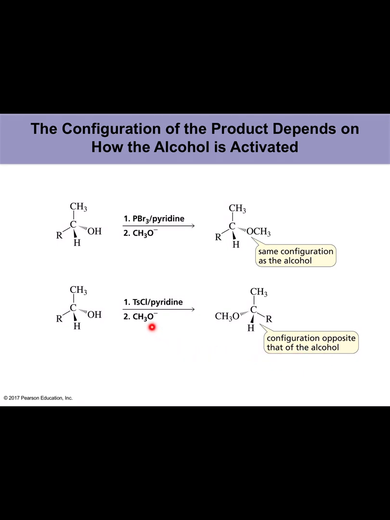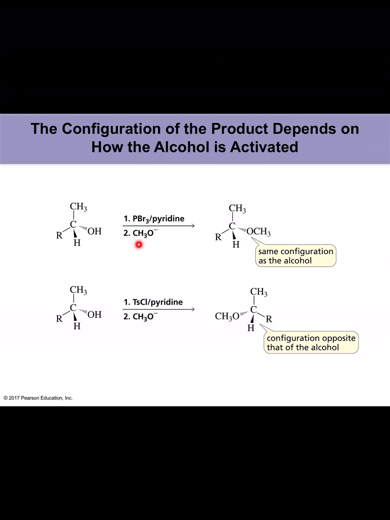Normally these reactions are SN2, and if you remember SN1 and SN2 reactions, in an SN2 reaction we get inversion of the configuration, whereas in SN1 it's a 50-50 mixture because you have a carbocation formation, right?